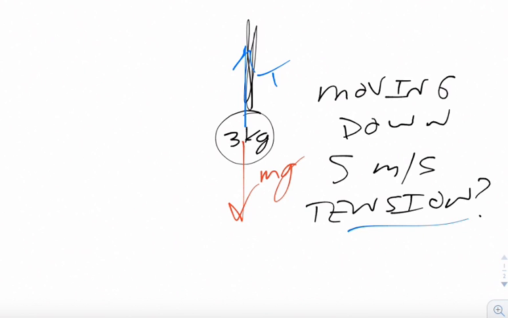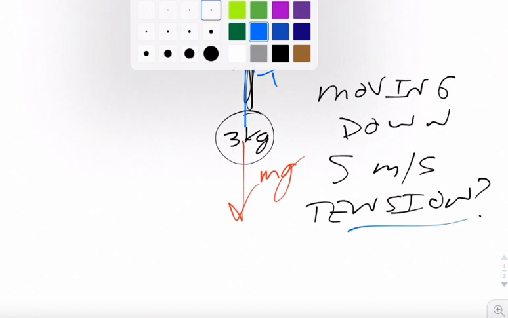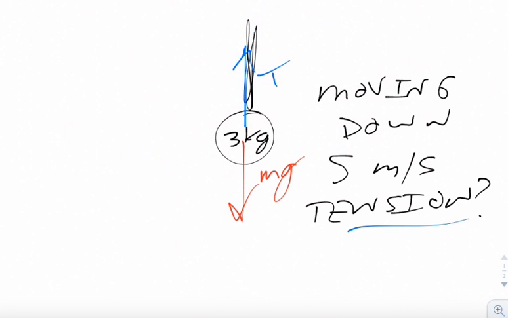Now, one of the first things I want to do is assign a positive direction. And you could make an argument for either up or down to be positive in this case. You could say, well, it's moving down, and so I want down to be positive. But the reality is, as I've mentioned, rule 1 is that I'm going to make acceleration along an axis positive if possible.